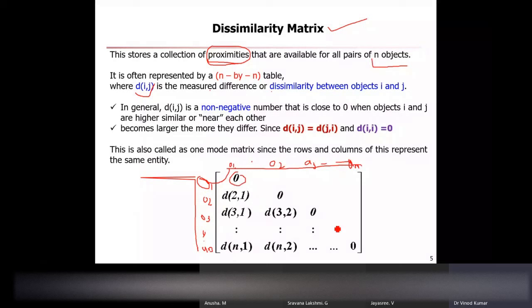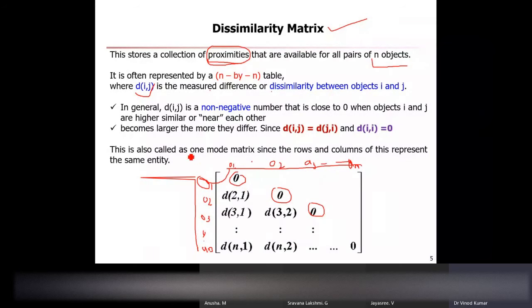So all the diagonal will have the value 0, because object 2 to object 2 is 0, and for object 3 also. But if I say the distance between object 2 and object 1, definitely the value will vary between 0 and 1, if I say dissimilarity in percentage. So these are the representation of the differences, or dissimilarity.